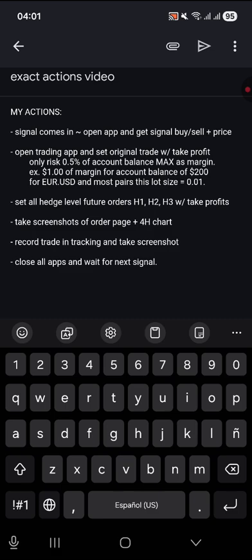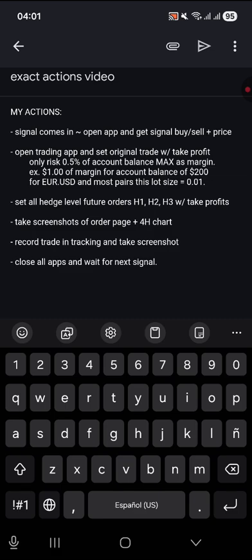If you're trading a British pound pair, I multiply by 3/4, so 0.75. So if I'm trading Euro USD, if I have a lot size of 0.04, for a British pound pair, I only use a lot size of 0.03 instead of 0.04. So you'll see that on a lot of my videos because that's the lot size I'm currently trading with.